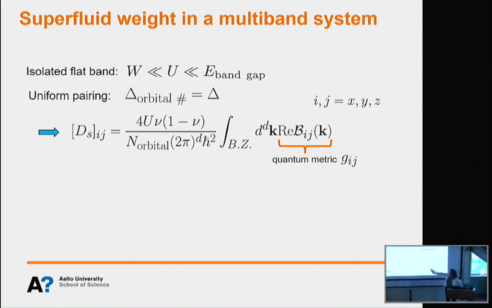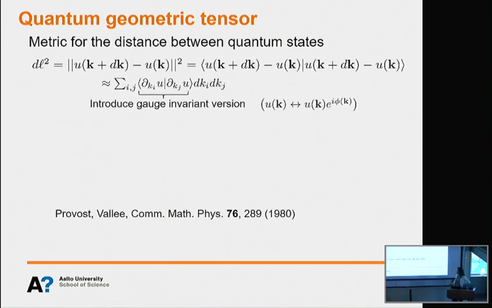So we recover this linear dependence on the coupling that was also obtained for the pairing gap. The same goes for the superfluid density. And then this is the filling, so there is some filling dependence, the number of orbitals. And then this one now contains the quantum metric that I talked about, integrated over the Brillouin zone and so on. So this geometric quantity determines whether you can have superfluidity in a flat band.